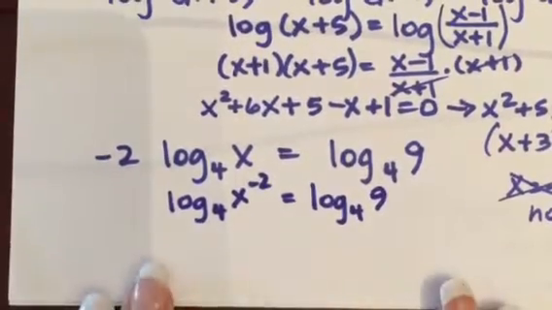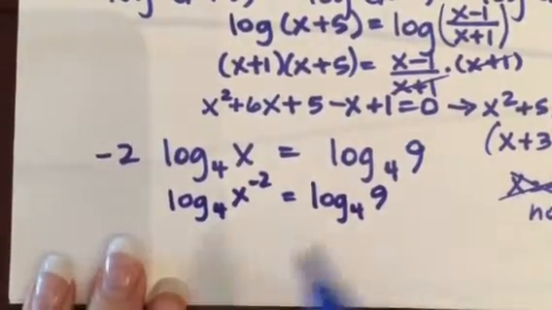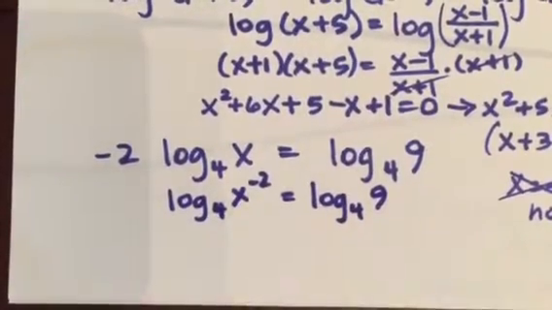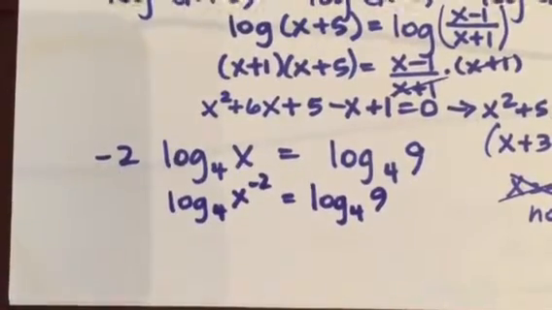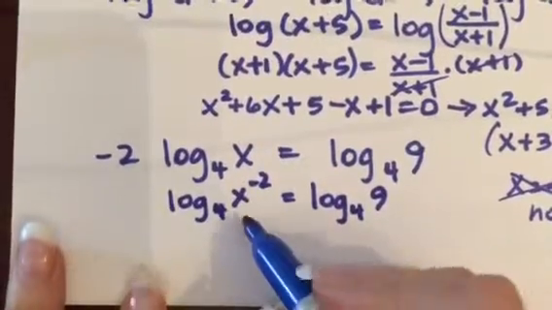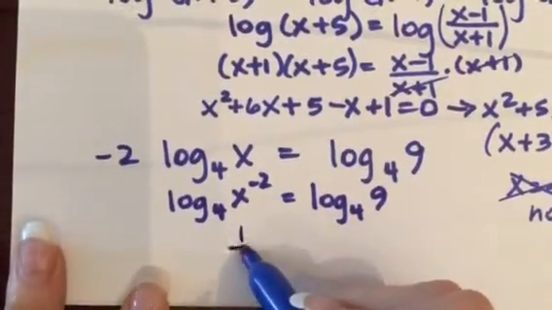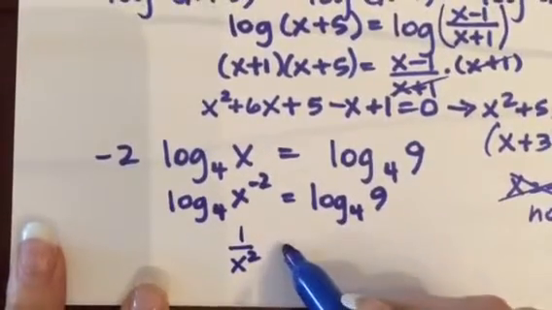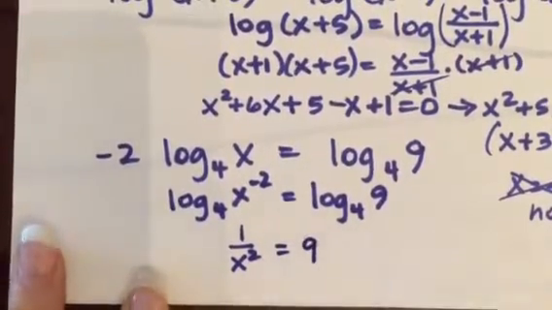They're equal to each other and they have the same base. So I can drop the logs altogether. x to the negative 2. Now remember that we have the capacity of writing exponents with non-negative powers, which is what we really want to do. So this is really 1 over x squared, right? When we have an x to the negative 2, it's 1 over x squared. And that whole thing is equal to 9.